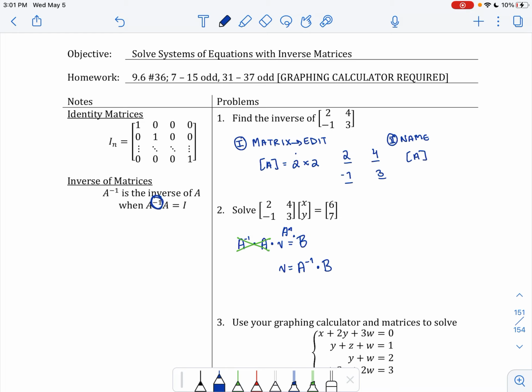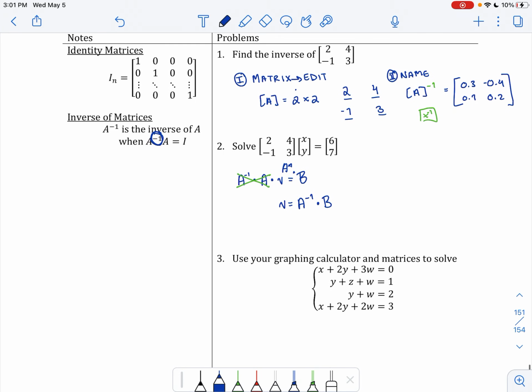Now, since you're looking for the inverse, you're going to use the x to the negative 1 key. So just use x to the negative 1 so that it looks like this. Click enter, and it will give you your inverse matrix. So 0.3, negative 0.4, 0.1, 0.2. If you don't end up with this matrix, please come and ask for help on Zoom.